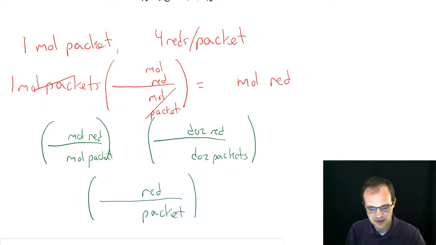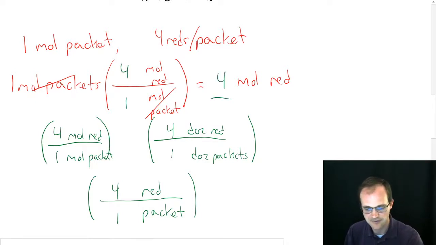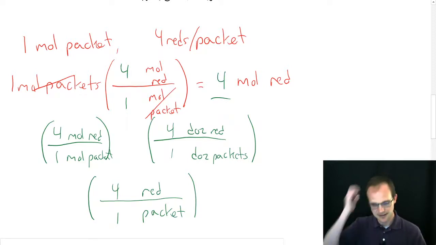And so here, my ratio was 4 reds to 1 packet, which means I have 4 dozen reds to 1 dozen packets, which means I've got 4 moles of red to 1 mole of packet. And I can put that up here, 4 to 1, and I find that I get 4 moles of red.